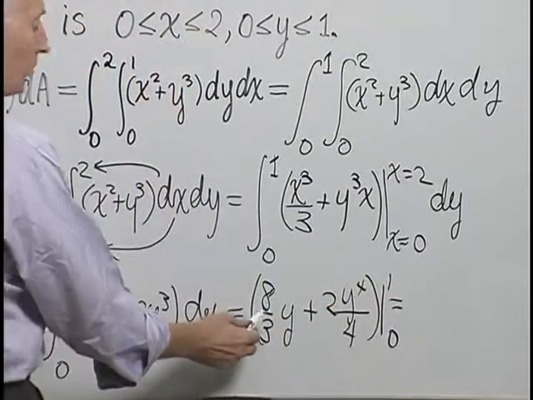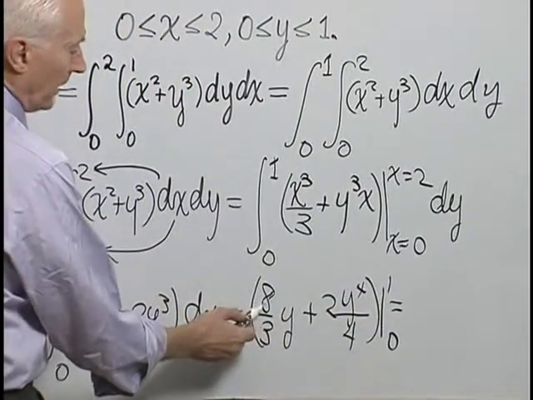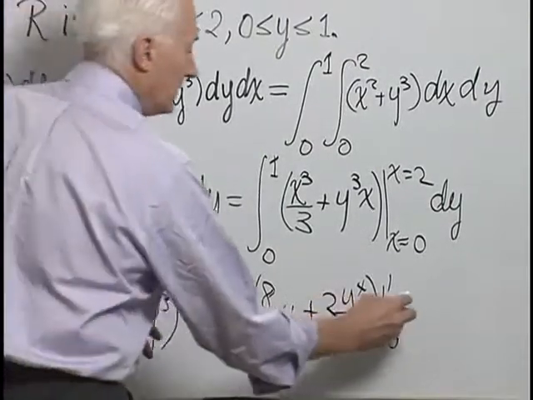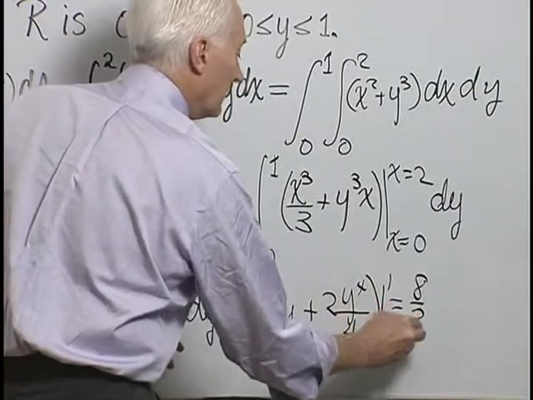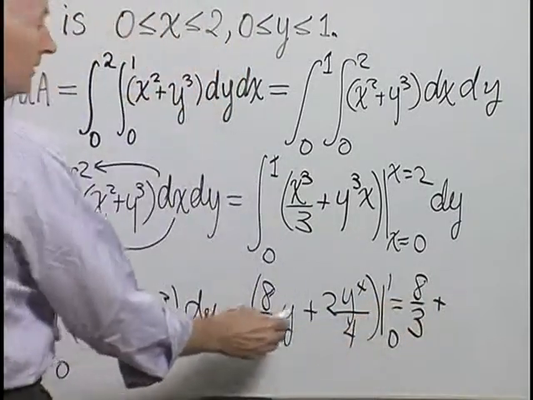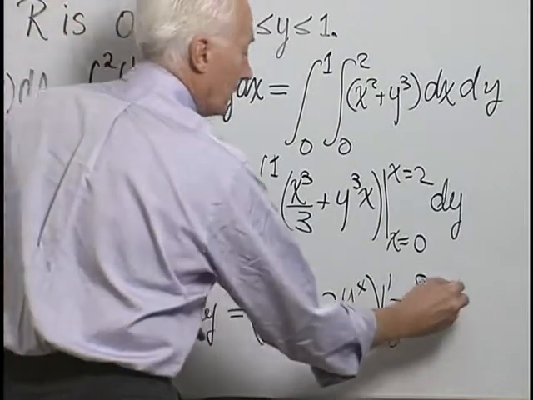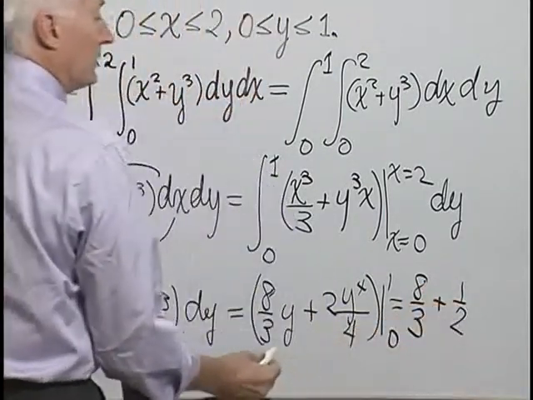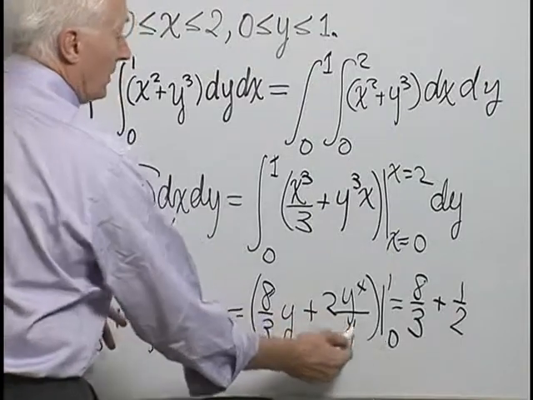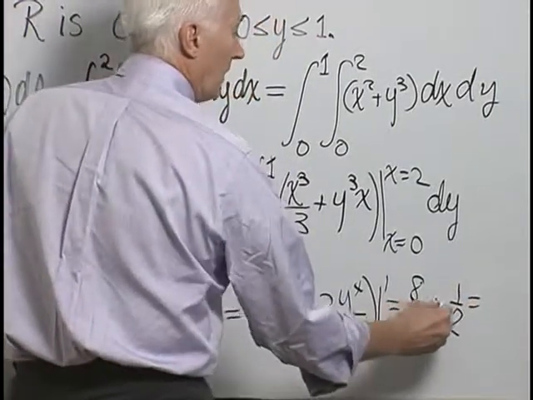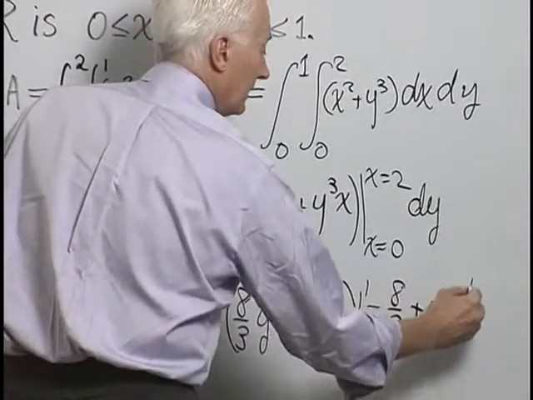And so notice when I put y equals 1, this first term just becomes 8/3. And when I put y equals 1 in the second term, I get 2/4 or a half. And so putting in 0, of course, for y gives nothing. And so I'm back to where I was before.